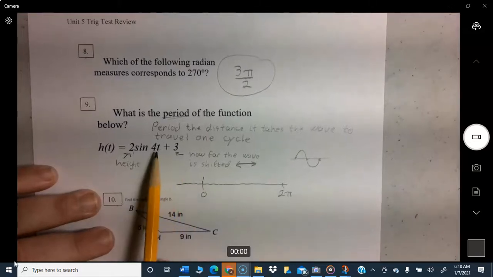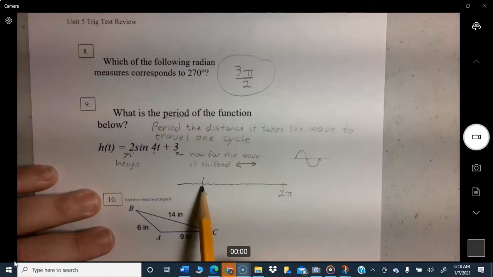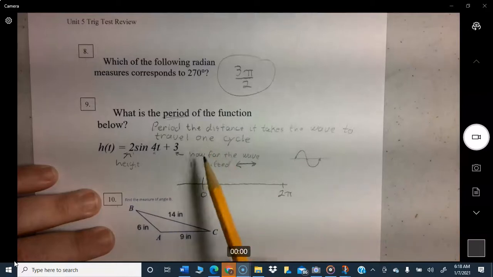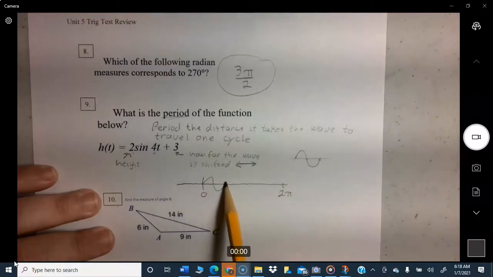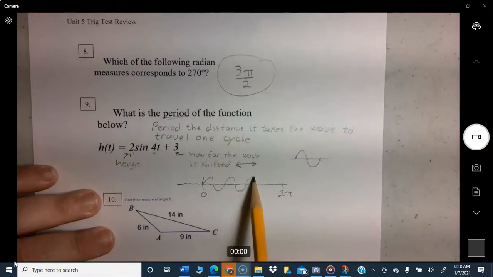So we said this is how many times it cycles between 0 and 2 pi. So that's going to be up and down and up and down. That's 2 cycles, 3 cycles, 4 cycles.